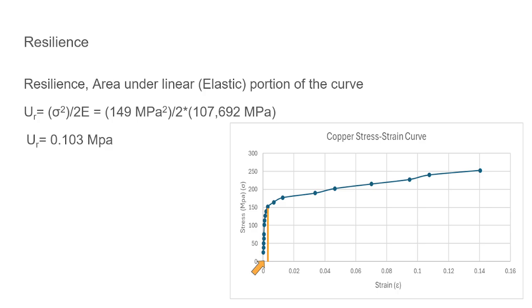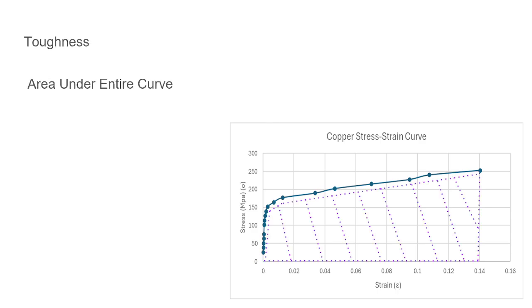So 149 megapascals squared divided by 2 times 107,000 megapascals, not squared, just 2 times 107,000, gave us 0.103 megapascals. And then the toughness is just the total area under the entire curve, typically done by an integral.